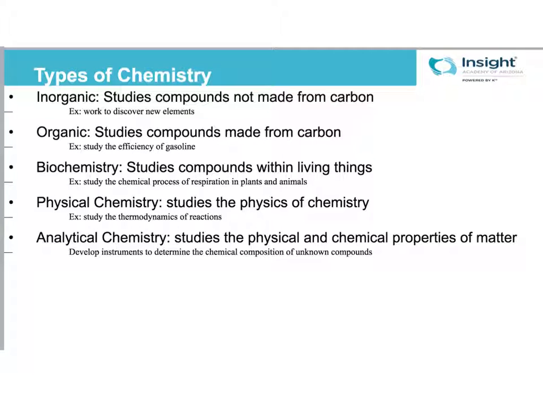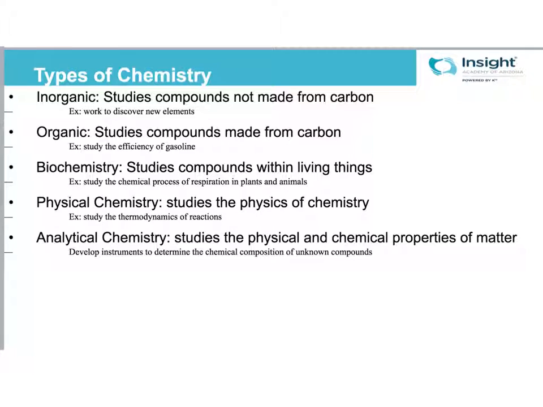So this is the kind of definition, definitely something that you're going to want to add to that worksheet that goes with these. But an inorganic chemist studies compounds that are not made from carbon. And the reason for that is because if you look at the next one, an organic chemist is somebody that studies things made from carbon. Alright, so an inorganic chemist is not going to study life, because carbon compounds are the basis for life.